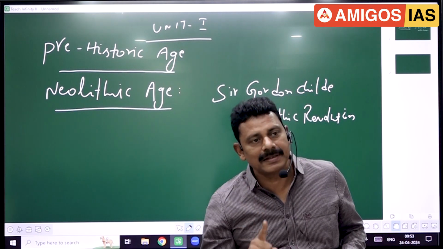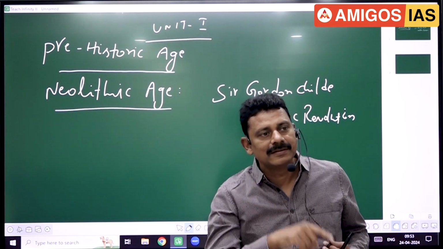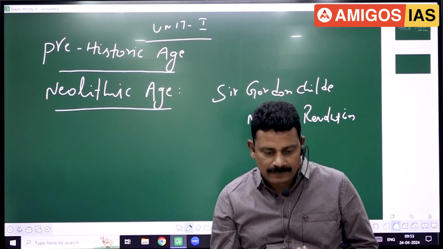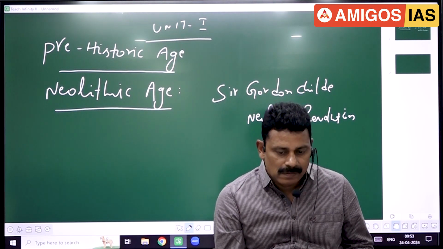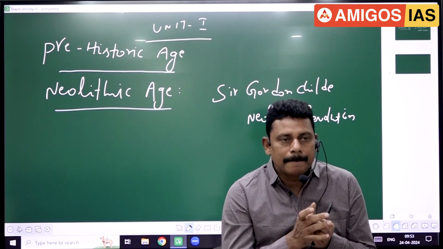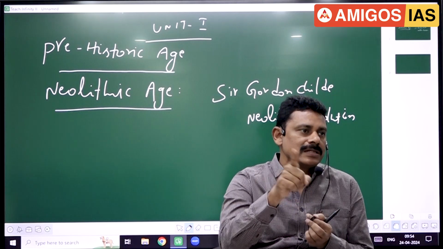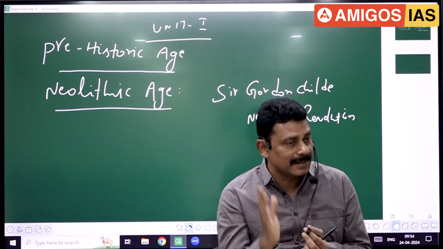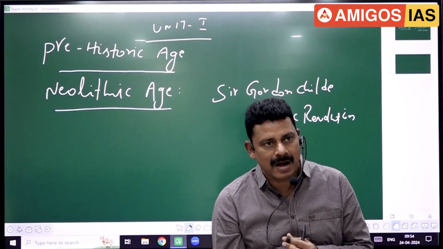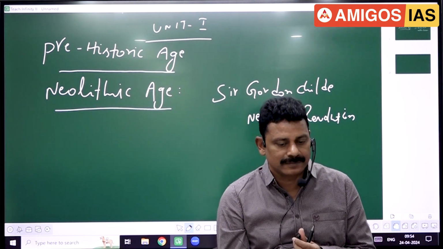By the closure of the Neolithic period, the wheel made pottery also has been made. By the closure of the Neolithic period, bronze and copper also have been used.